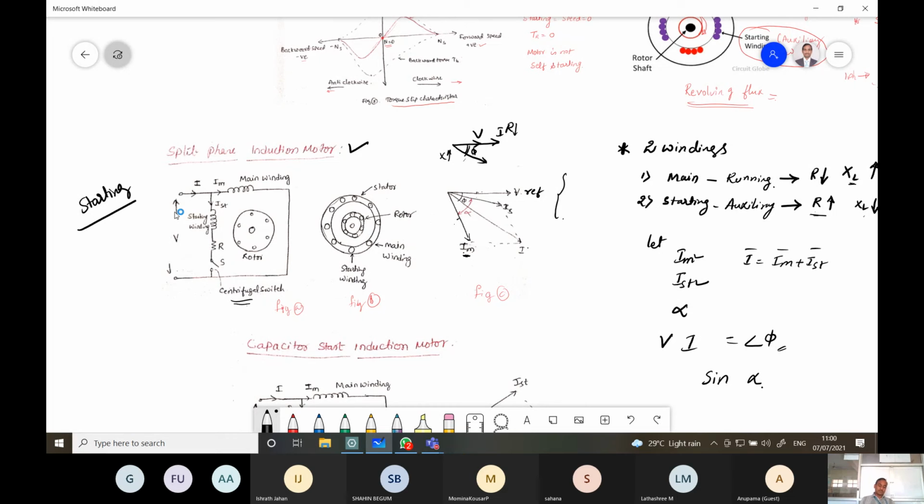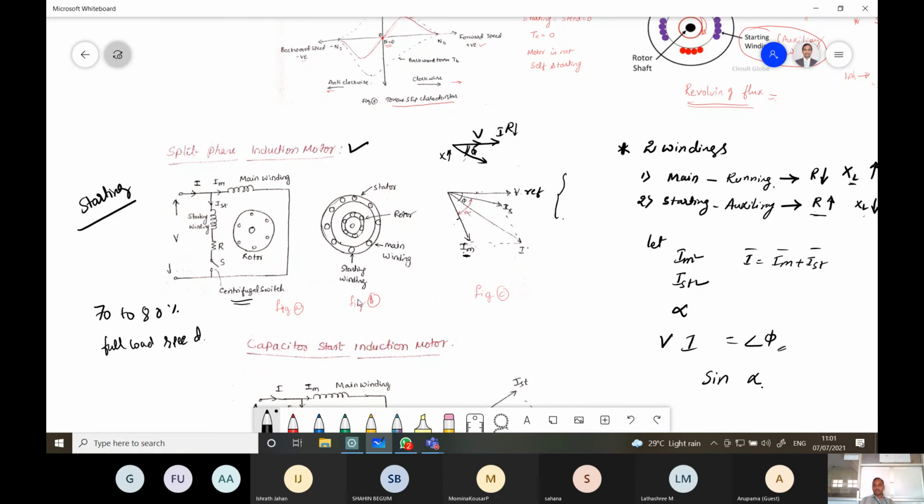What happens when the motor has reached 70 to 80% of full load speed? The centrifugal switch will disconnect. The currents Im and Ist are split from each other by angle alpha, and at starting the motor is commonly called a split phase motor.